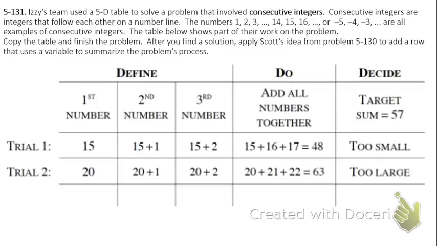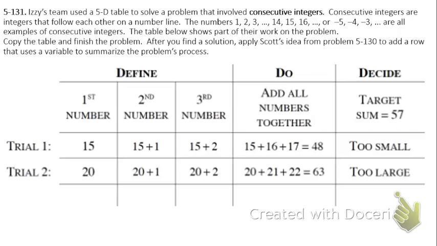The table below shows part of their work on the problem. Copy the table and finish the problem. After you find a solution, apply Scott's idea from problem 130 and add a row that uses a variable to summarize this problem's process. Alright, so first, write all this down on your paper.